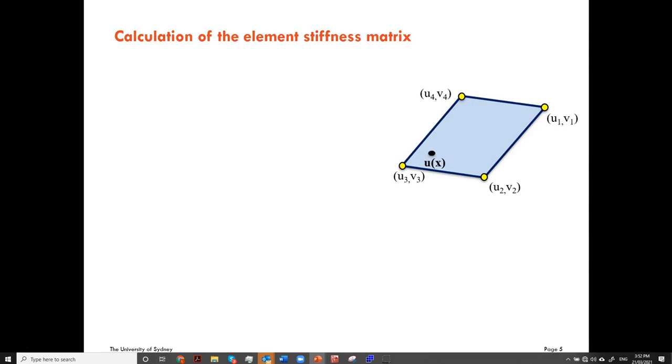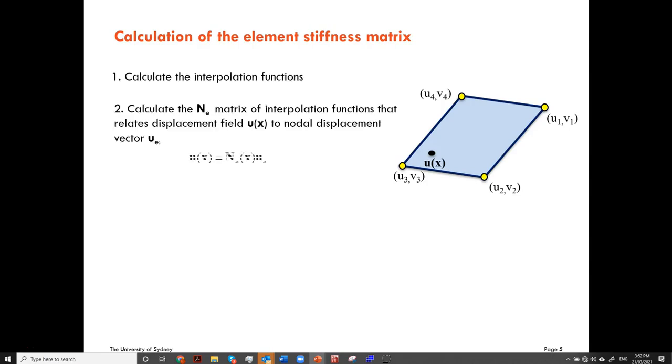So how do we calculate the element stiffness matrix? First we need to calculate interpolation functions. Then the displacement in the field is expressed in terms of the interpolation of the nodal displacements.